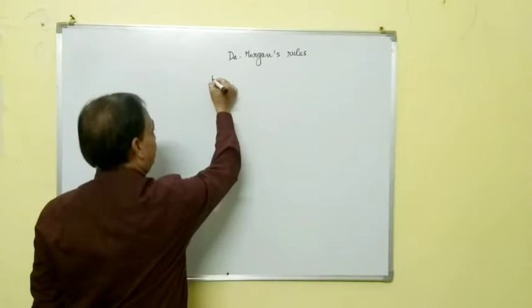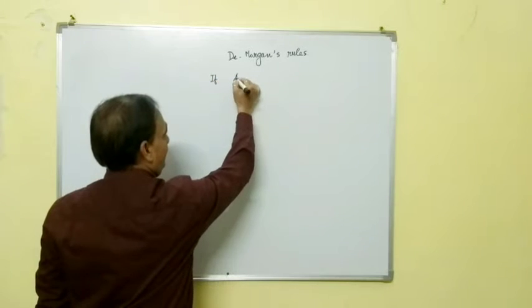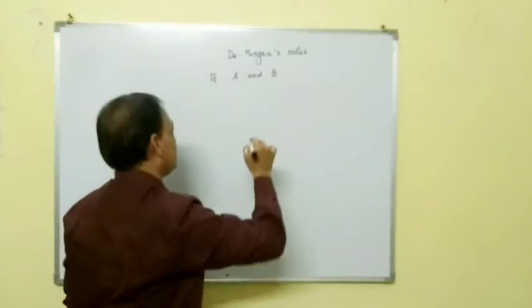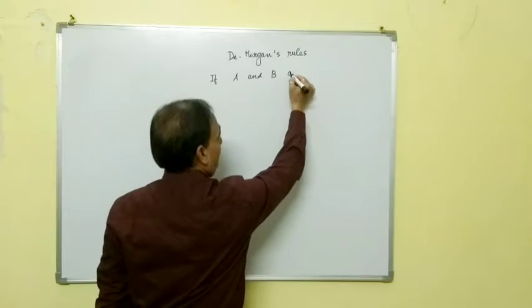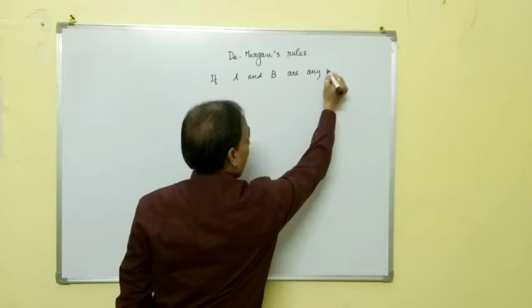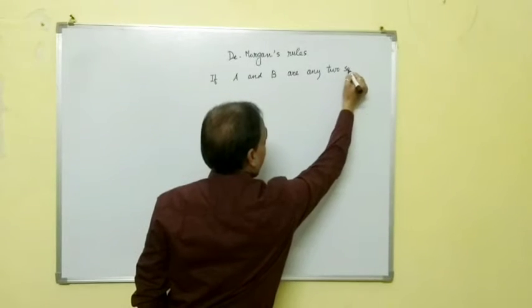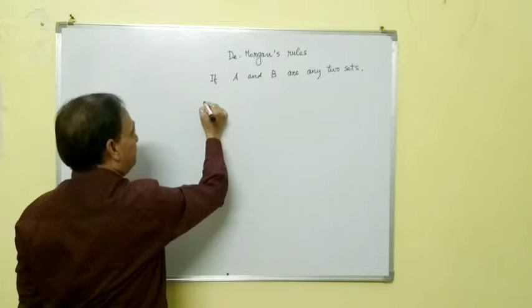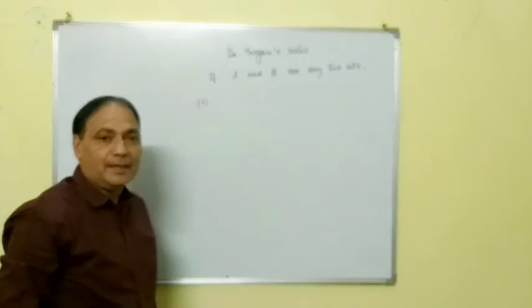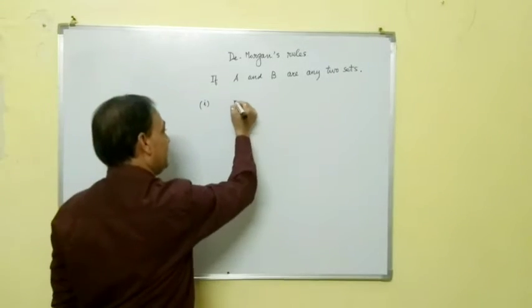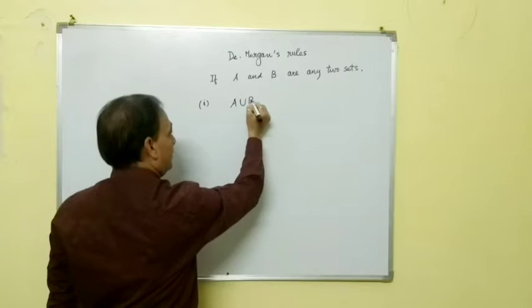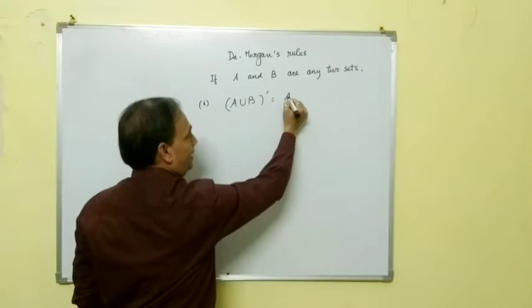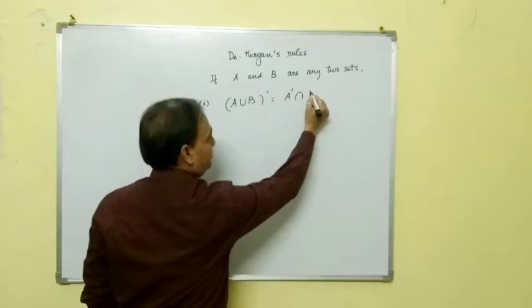So we write, if A and B be any two sets, then we have number one, complement of A union B equal to A complement intersection B complement.